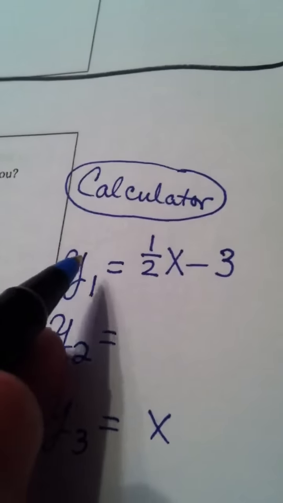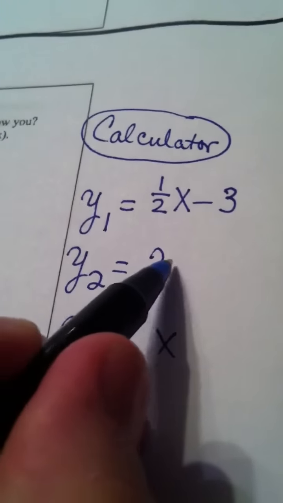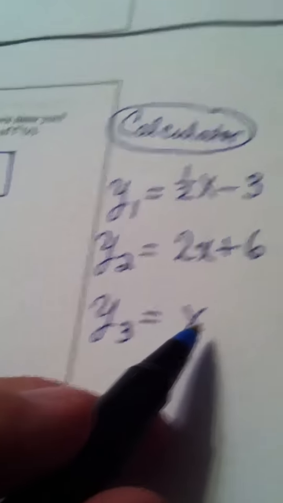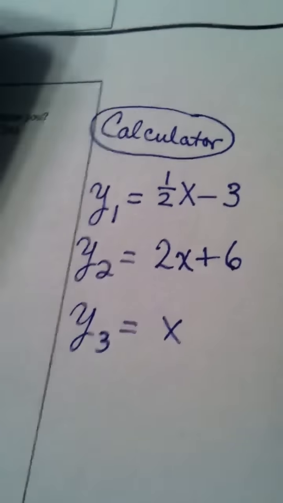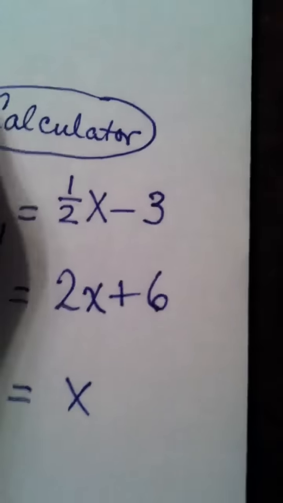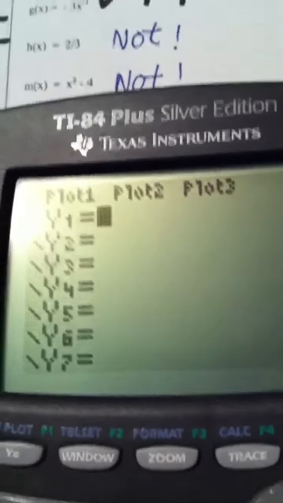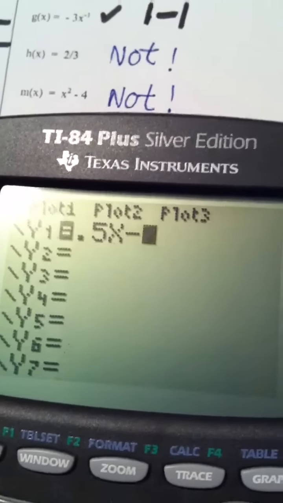So in our calculator we're going to put y sub 1 as the original function, y sub 2 is our inverse function, which is 2x plus 6, and then we're going to type in y sub 3 as x, and we're going to make an observation from there, okay? So when I go to my calculator, my first function y sub 1 is going to be 1/2, I'm just going to put 0.5x minus 3.